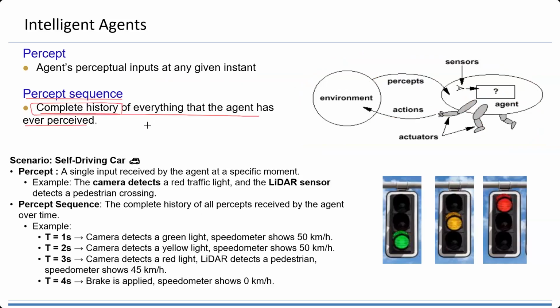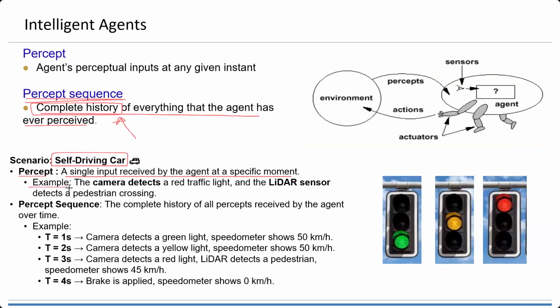If you have the past data, the existing data, if you have the database, and the database is good, then you can use that data to understand the percept sequence. For example, a self-driving car. The percept is a single input received by the agent at a specific moment.